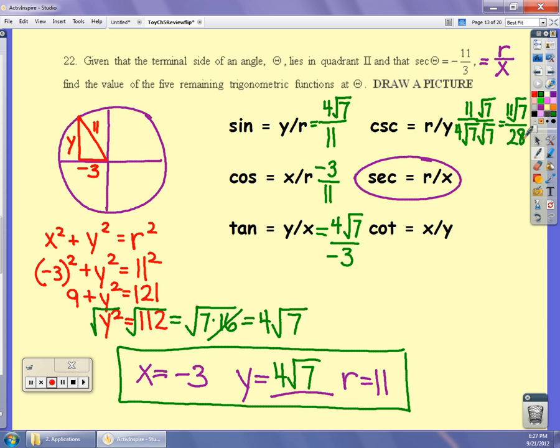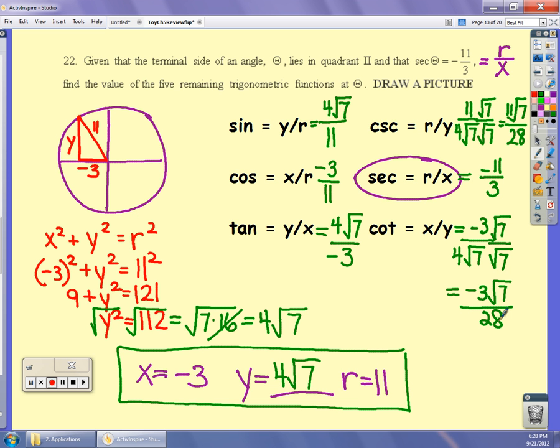Secant, we actually knew from the beginning, was negative 11 thirds, so please don't get that one wrong. And cotangent, or x over y, will be negative 3 over 4 square root of 7. After we rationalize, we'll get negative 3 root 7 over 28.